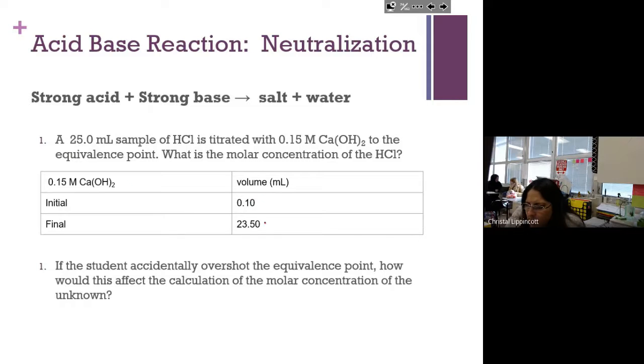You would subtract these out, which means that you used 0.0234 liters. You're going to multiply that times 0.15, and that's going to give you the moles that you would have had of your H plus. And then if you divide that by 0.025, that's going to give you your molarity.